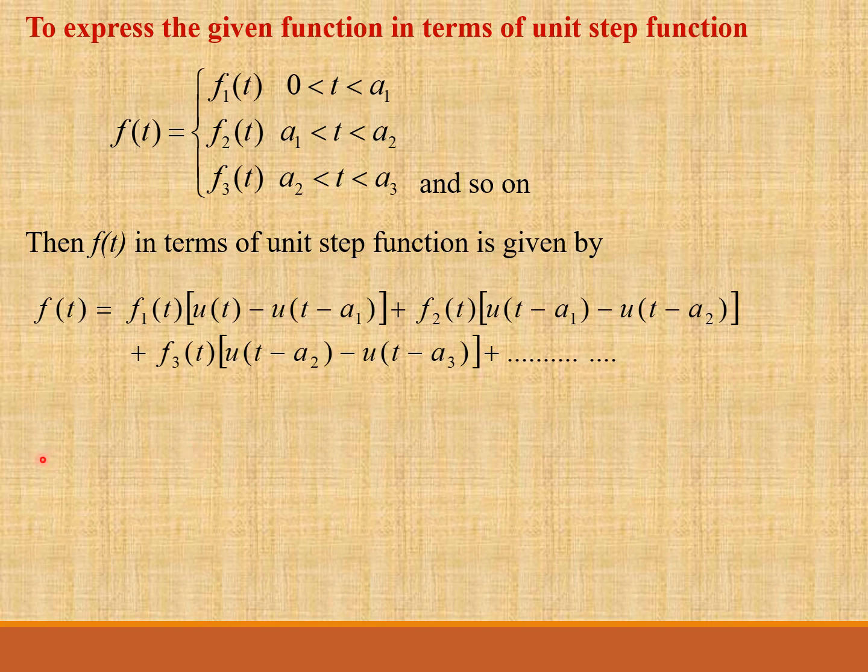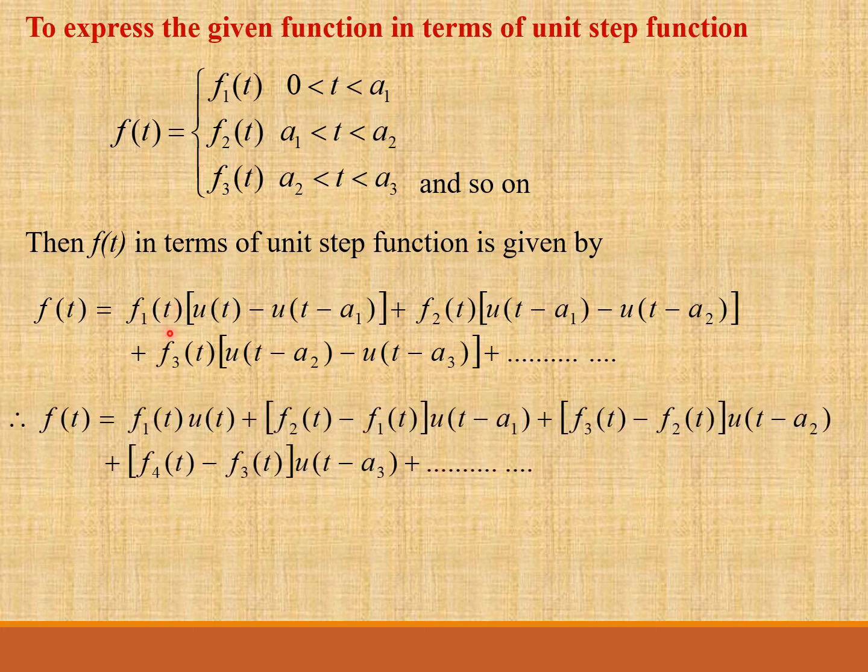In the next step, f of t is equal to, we'll take the terms which contain u of t only. So we have only one term, that is f1(t) into u of t, and further we'll take the terms which contain u of t minus a1 in one bracket.